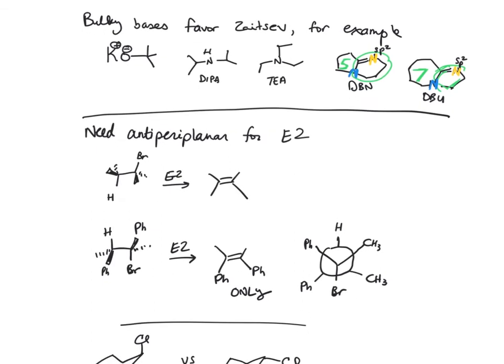We need an anti-periplanar geometry for E2 to occur. So in the first example, I've shown you an example of E2 occurring between these 2 blue carbons. And in this case, it doesn't matter which ones I've chosen for orienting the starting material, because the product will be the same in both cases because we have 4 methyl groups that are the same.